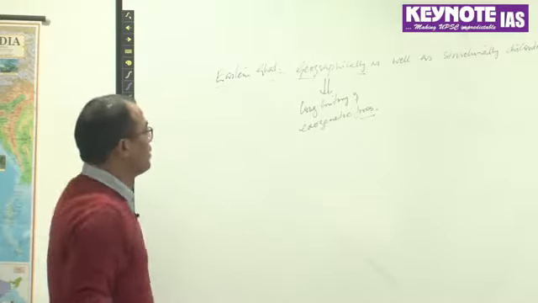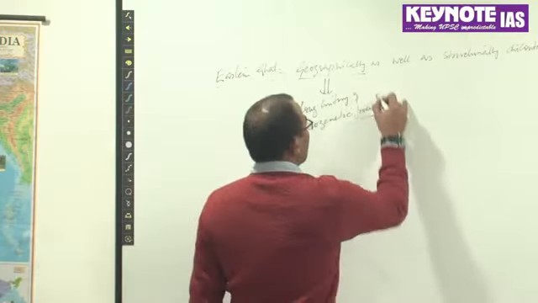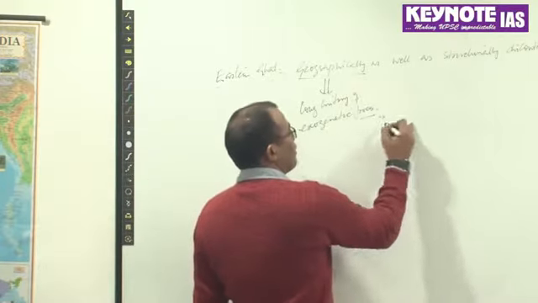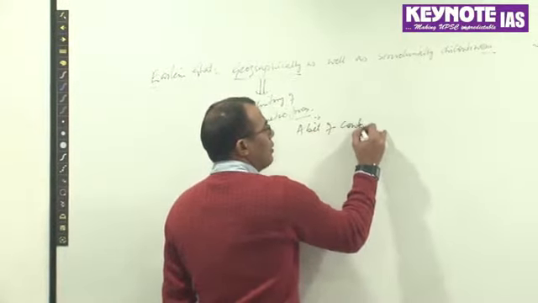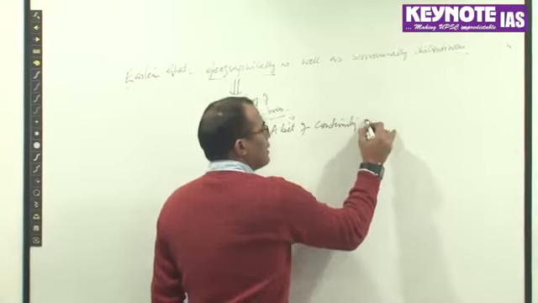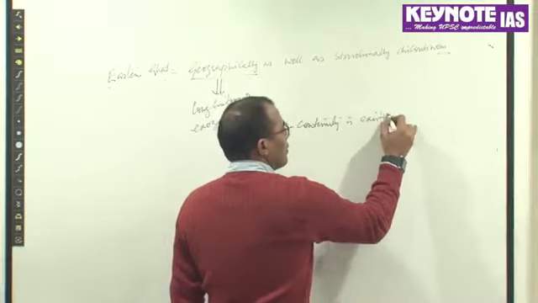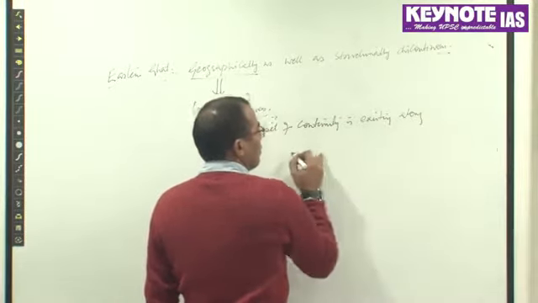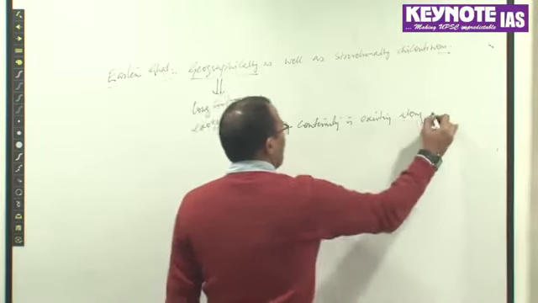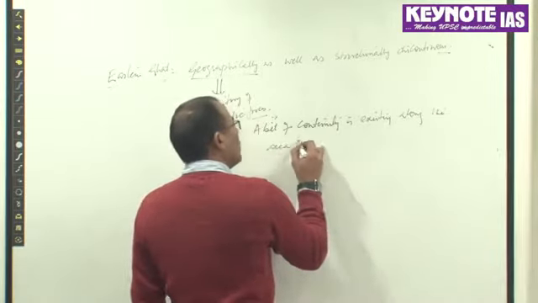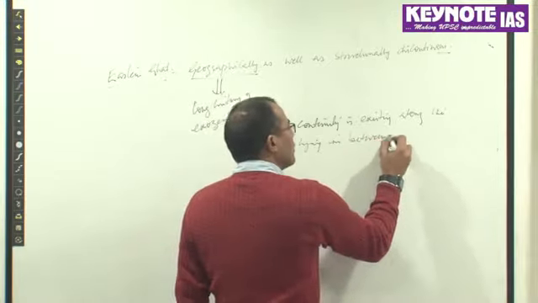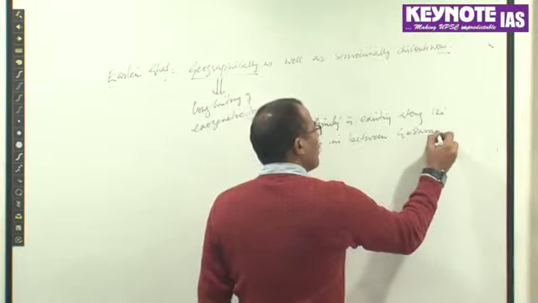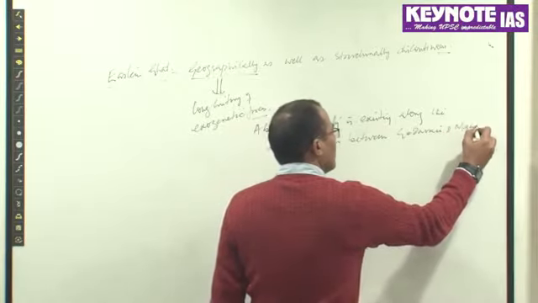And you have major rivers, but a bit of continuity is existing along the area lying in between Godavari and Mahanadi.